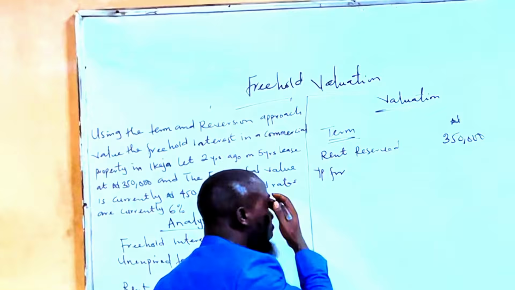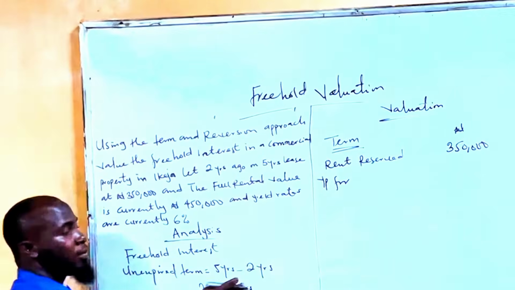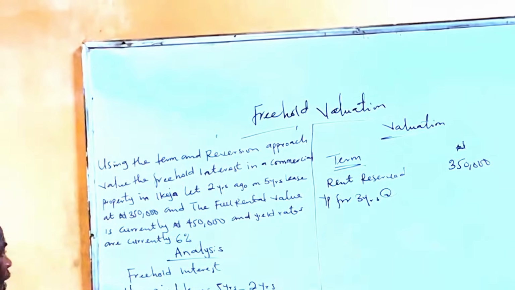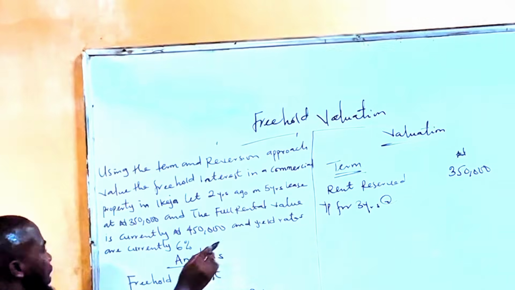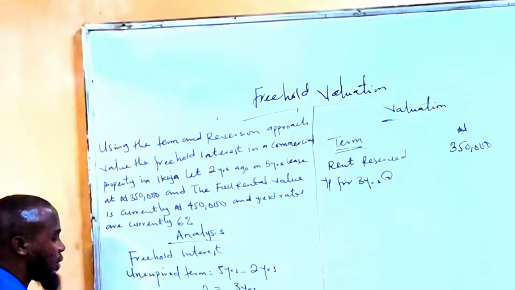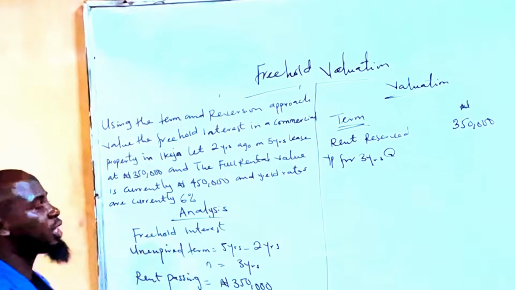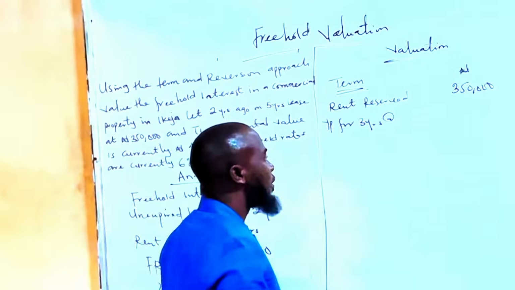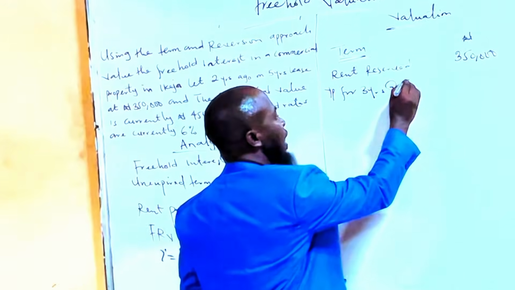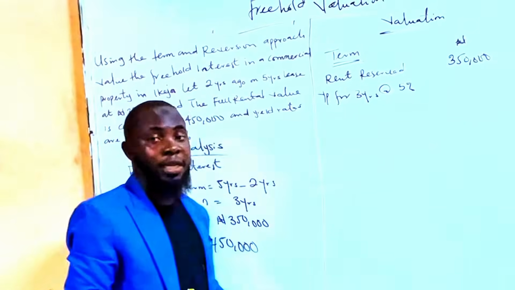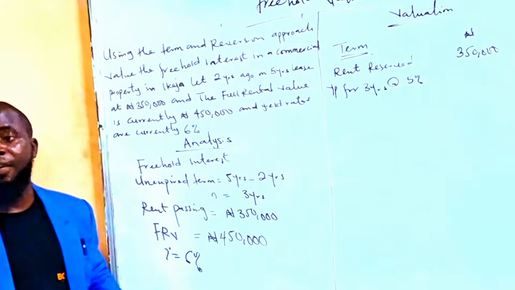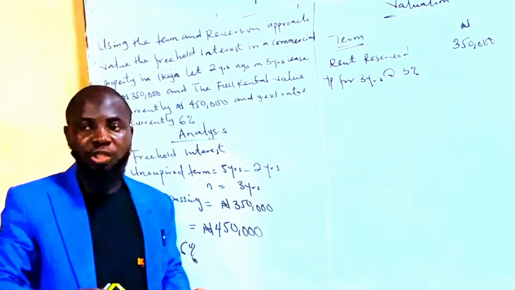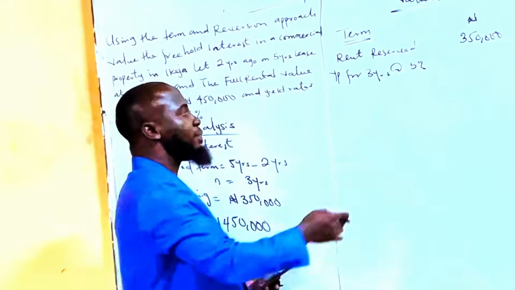YP for 3 years unexpired, at our yield rate of 6%. I explained earlier that because this man is paying a lower rent compared to market rent, his yield will be lower. So we have 5%. In some terms, you can use 5.5, no problem. But the thing is they want the yield to go lower. So 5%.